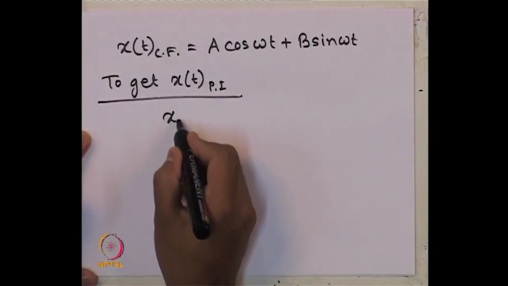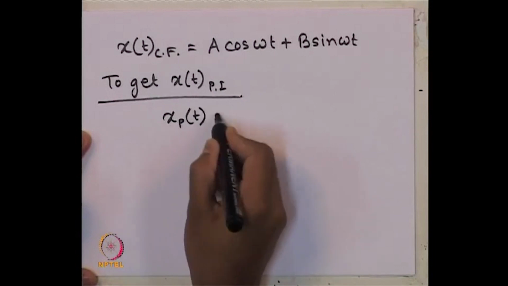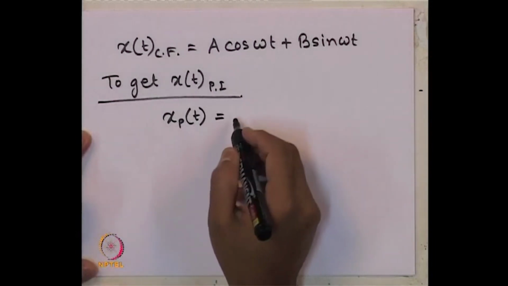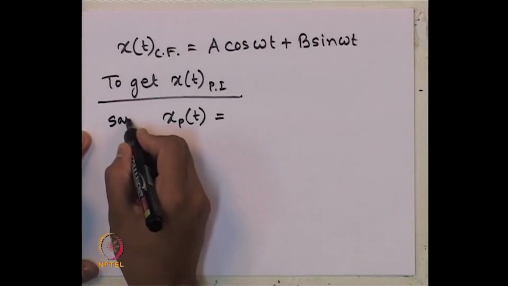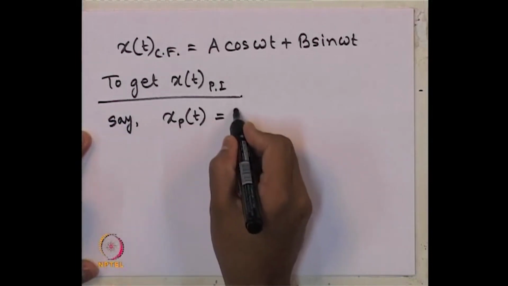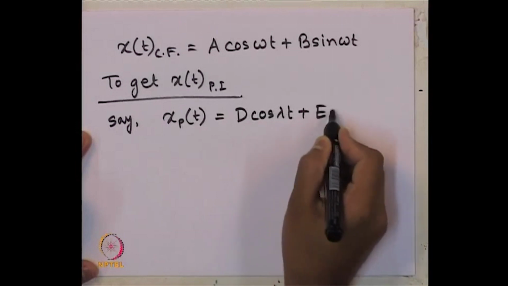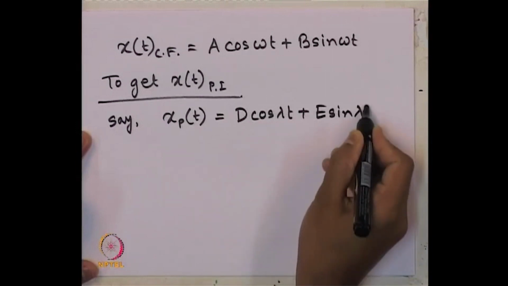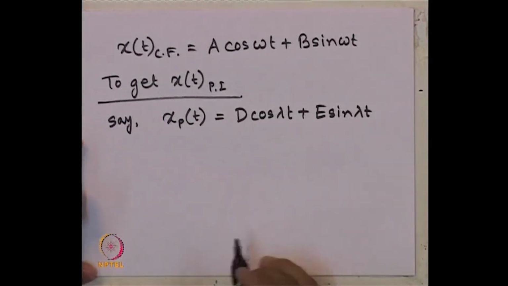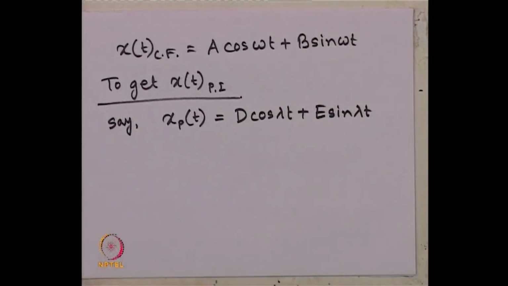So, now to get x of t particular integral, what we do? First, we assume some form of the solution. So, x p of t, let us say, is expressed as d cosine of lambda t plus e sine of lambda t, because our given function is a harmonic function. So, that is why the solution we are assuming in the form of the harmonic expression.